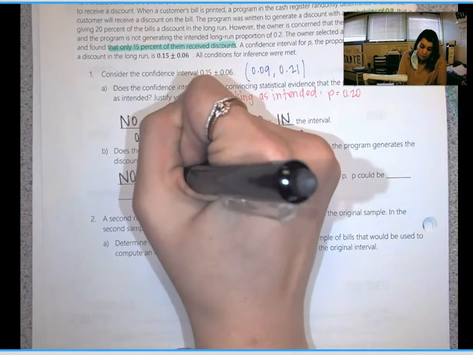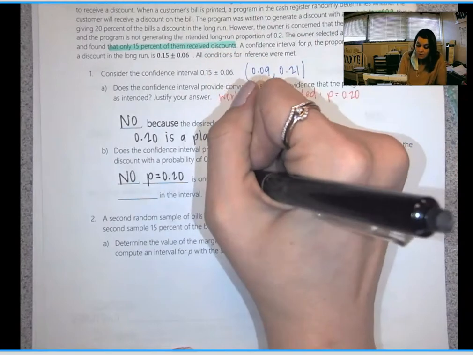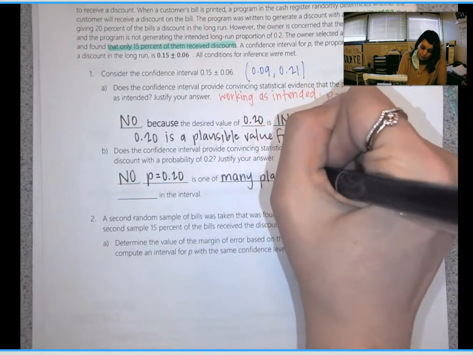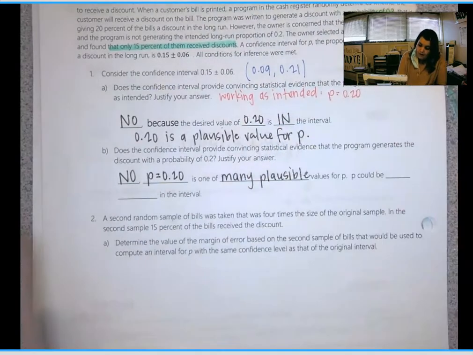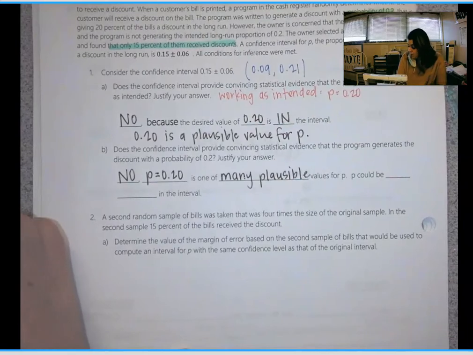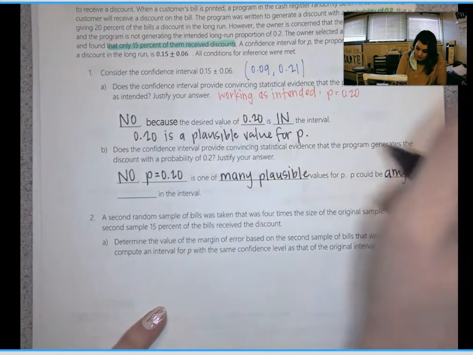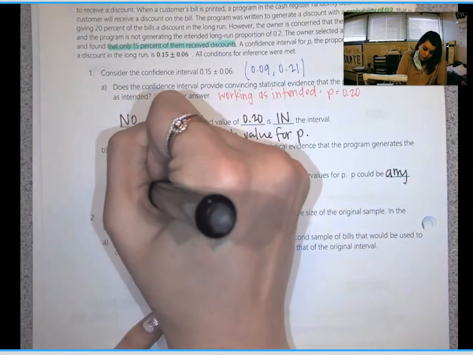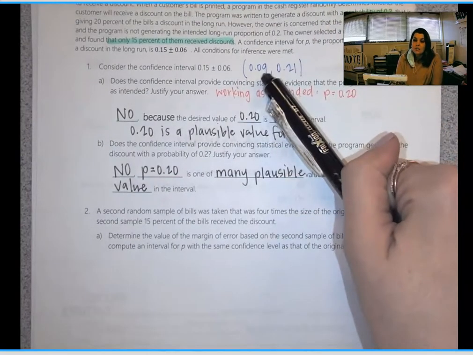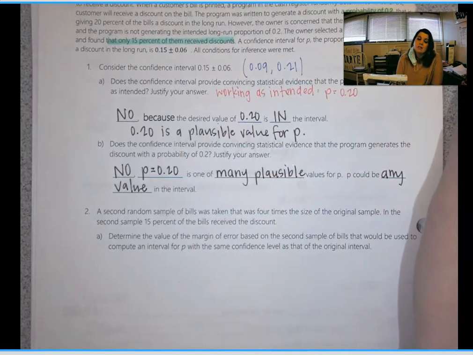P of 0.20 is one of many plausible values for P. P could be any value in the interval. So P could be 9%, P could be 10%, P could be 11%.